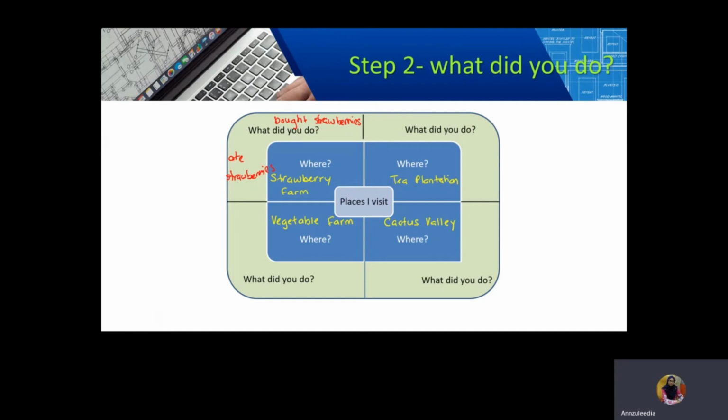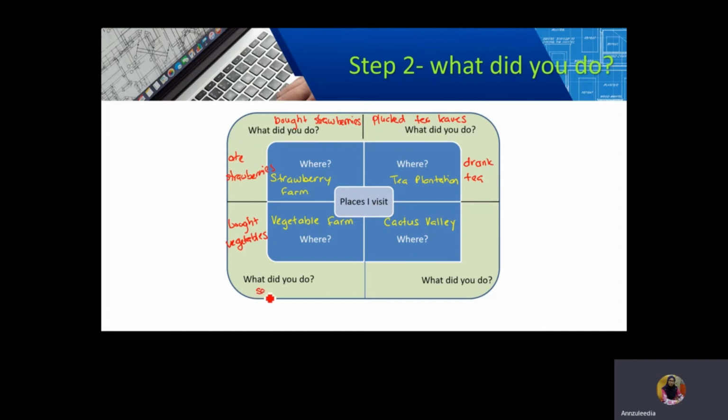At the tea plantation, what did you do? Okay, for example, plucked tea leaves. Another activity maybe drank tea. Okay, drank tea. Okay, here, maybe you bought some vegetables. Okay, bought vegetables. All right. What else did you do?